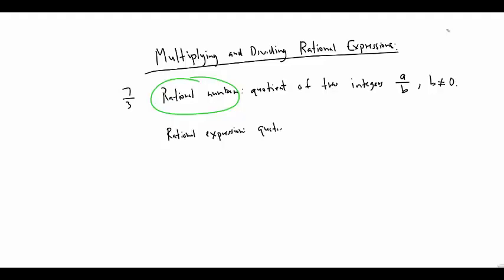It's a quotient not of integers, necessarily, but of polynomials. The polynomial on the bottom, of course, is not 0. An example of a rational expression is this one right here.